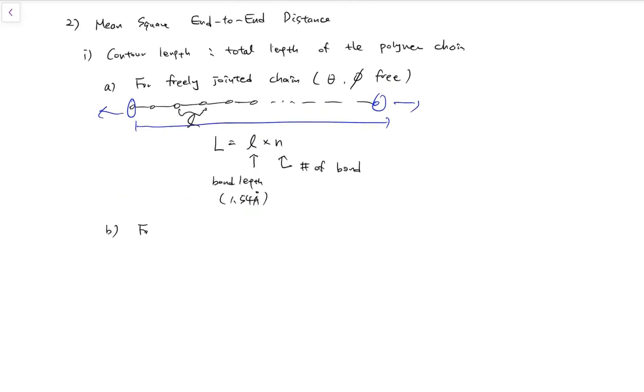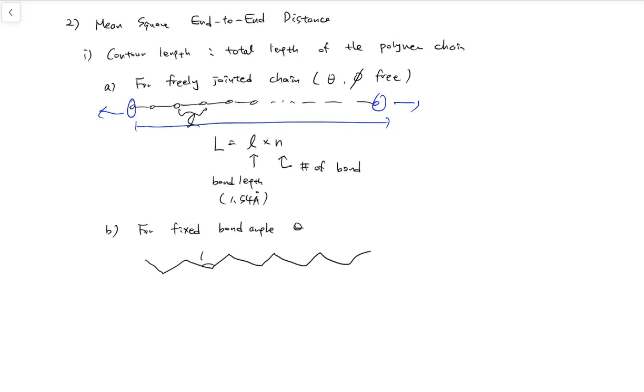Second case is for fixed bond angle theta, which means that chemical bonds are something like this. I'm sorry, it looks very weird. Something like this.